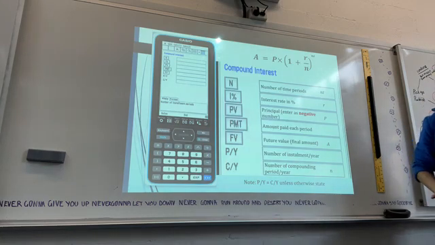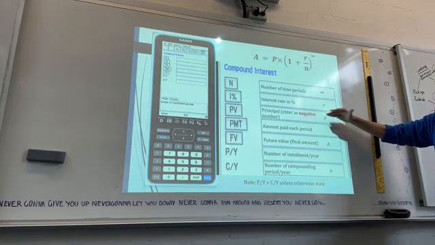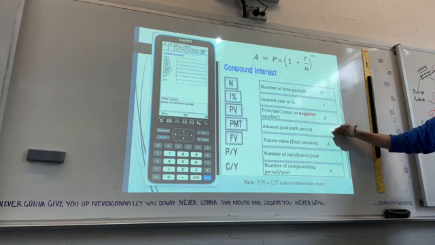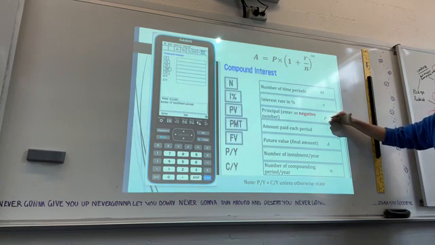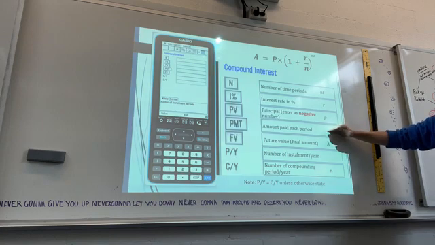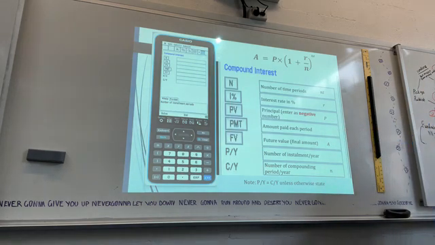So you're giving the bank the money, therefore it's negative. Think about it that way. Or you can think about it as, because you're borrowing the money, it's not your money, therefore it's negative. And the amount paid each period, which is either you pay into the bank or the bank pays you. As an investment, the bank pays you.